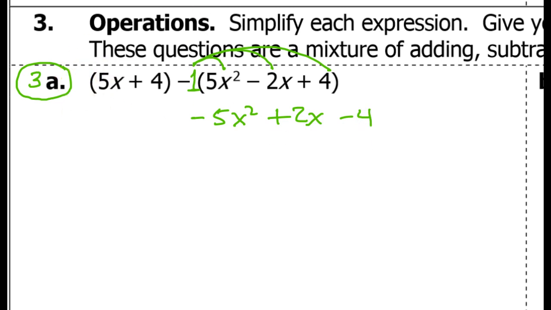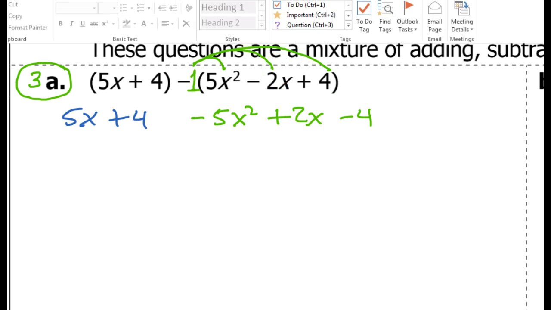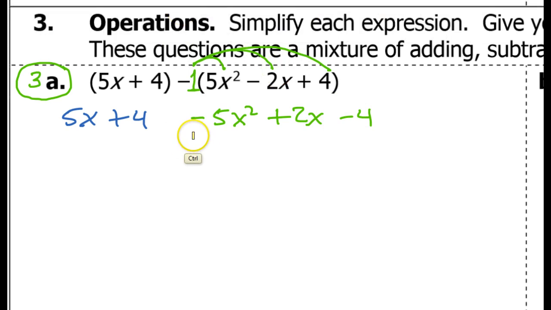Nothing is in front of the other set of parentheses, so the 5x plus 4 just comes down unchanged. Please do not bring down any parentheses. Once you do the distributive property, there are no more parentheses. That makes it more clear that now we are combining like terms.